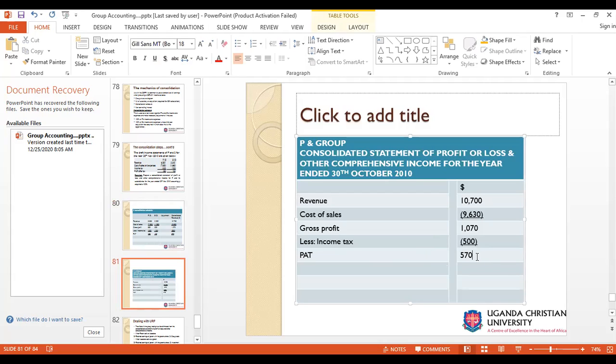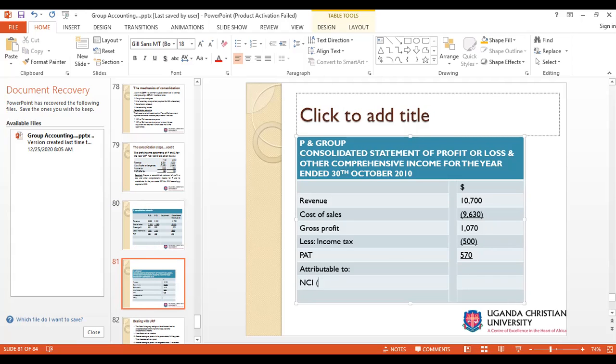Now it is from here where we are supposed to say profit attributable, this consolidated profit, is attributable to NCI.